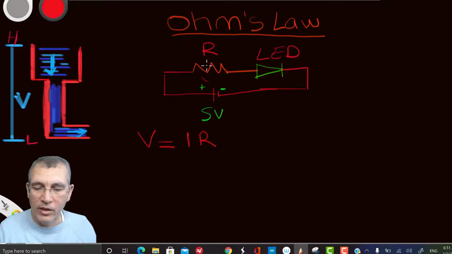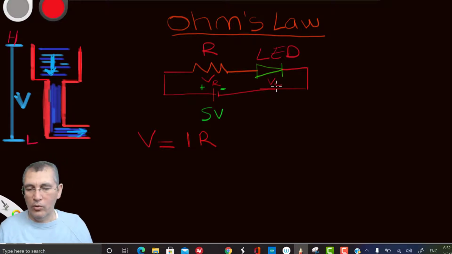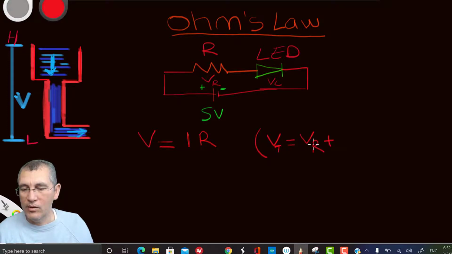So there is a VR and a VL. I'm going to put in parentheses here V total, which is 5 volts. V total equals VR plus VL.